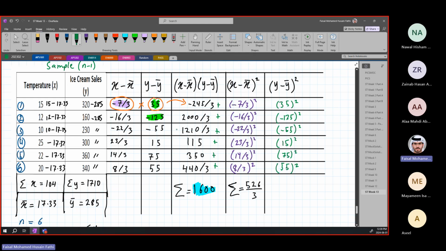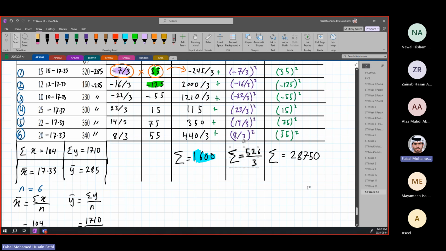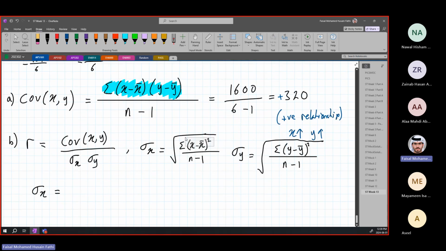Okay? Again, you're just going to find the summation now. And that's going to be 28750. All right? So now that we have found the summation here and the summation here, we can plug into sigma x and sigma y.